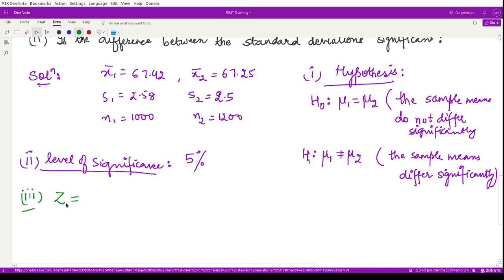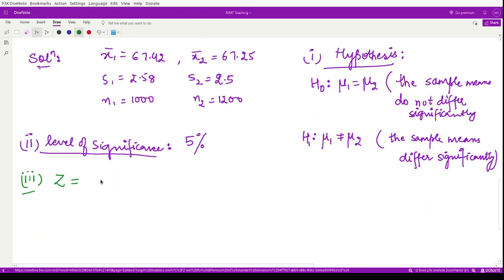Now the Z statistic, when we want to check the difference between means, is given by the formula x1 bar minus x2 bar divided by the square root of s1 square by n1 plus s2 square by n2. Now you would say here we should have sigma 1 and sigma 2 instead of s1 and s2.